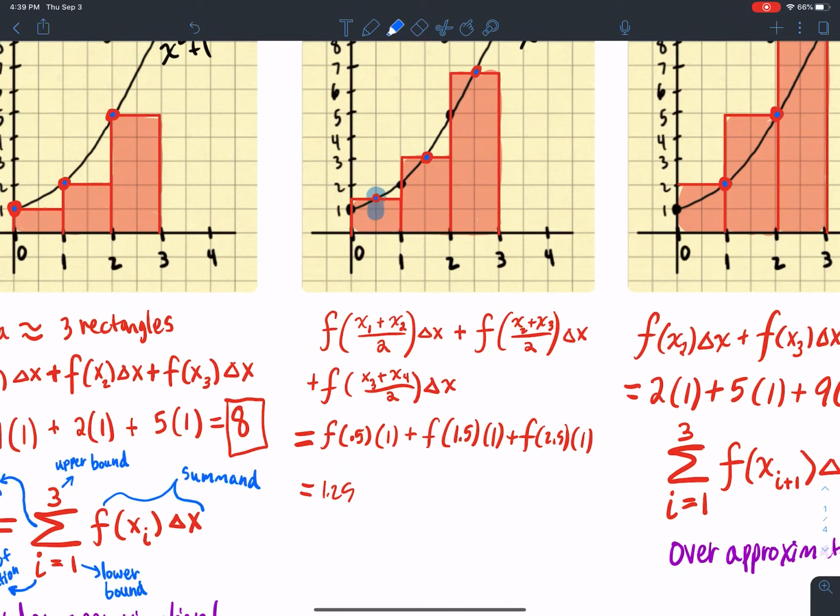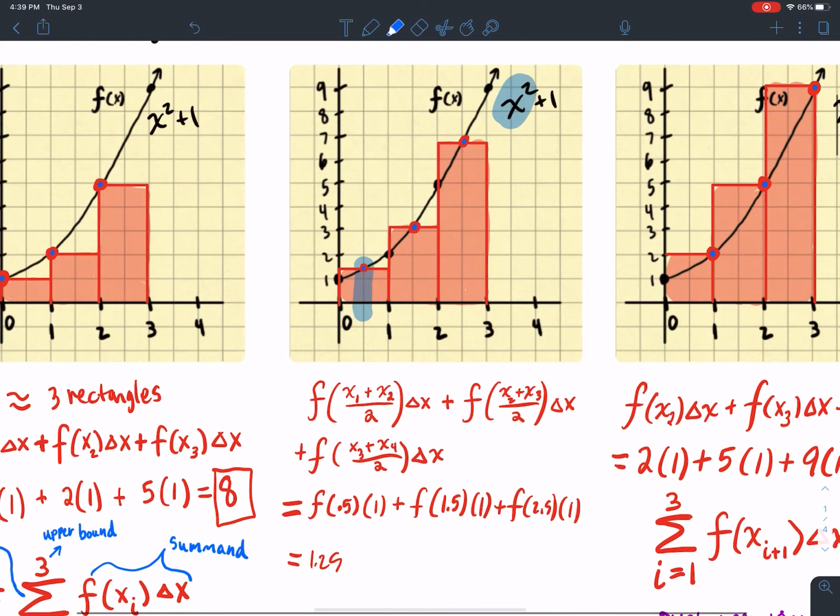If I plug in 0.5 into 0.5 squared plus 1, I get 1.25. If I plug in 1.5 into this and I square it and add 1, then I get 3.25. If I plug in 2.5 into this and I square it and add 1, I get 7.25.